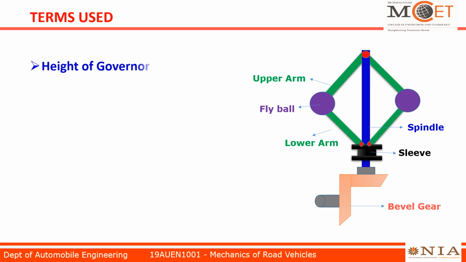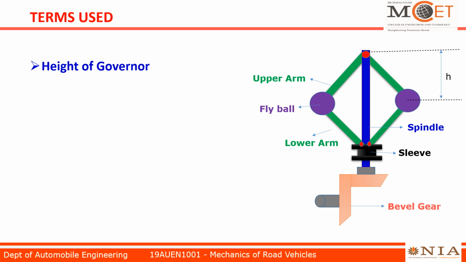Our first important term is height of governor. It is the vertical distance from the center of the ball to the point where the axis of the arms intersects the spindle axis. It is usually denoted by h.